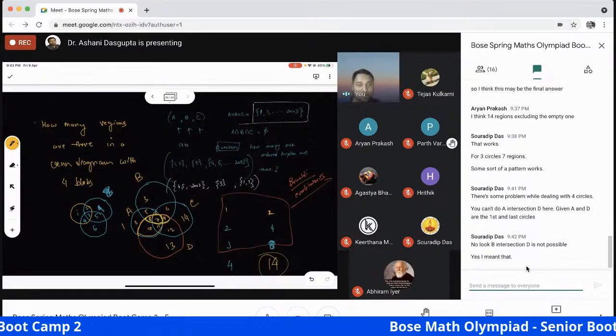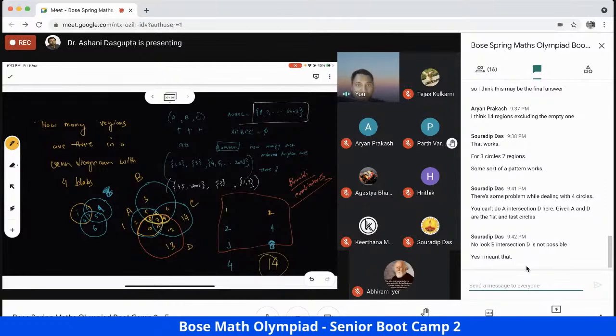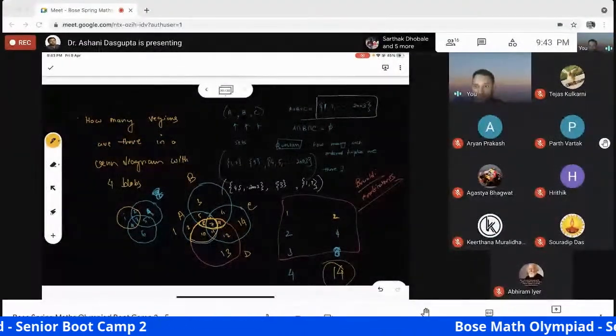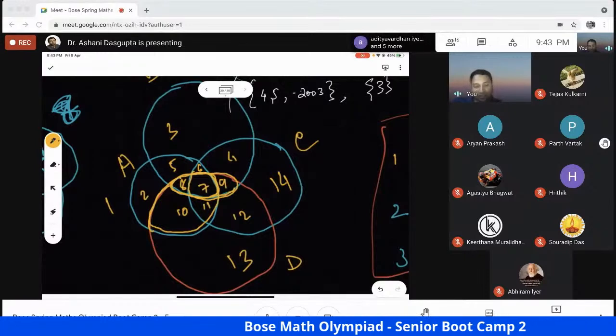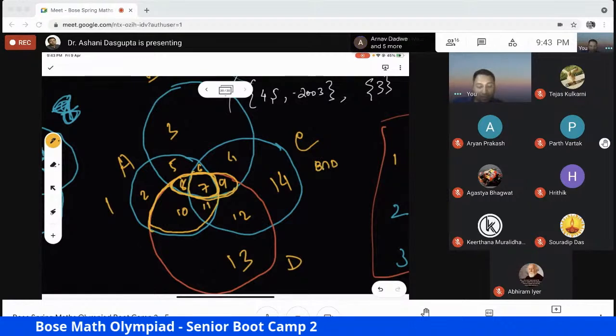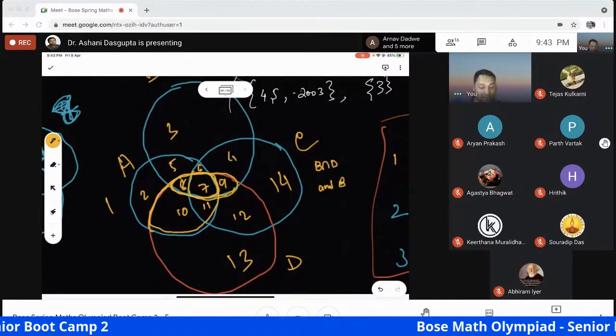I think Shoradip is saying that this picture has this weird thing going on, and that's correct actually. You see how what Shoradip just observed, and it's a very good thing that he observed. In this picture, we don't have a region which represents B intersection D and B intersects nothing else.